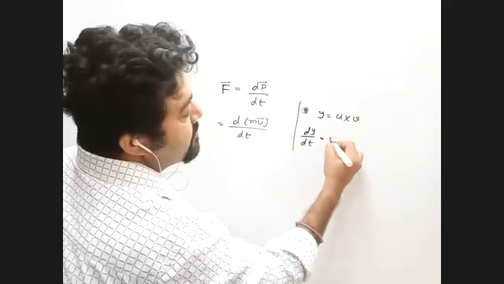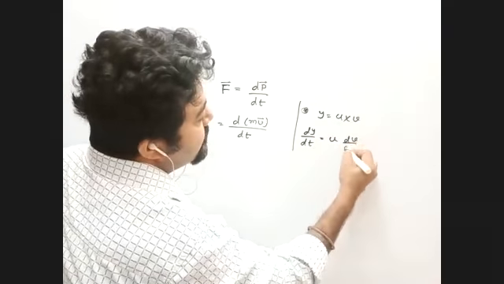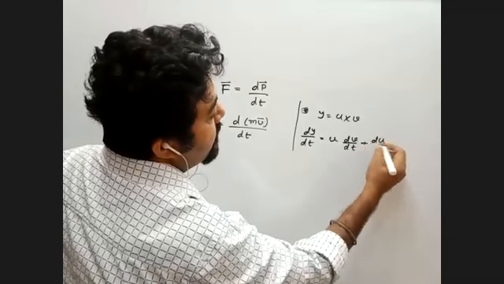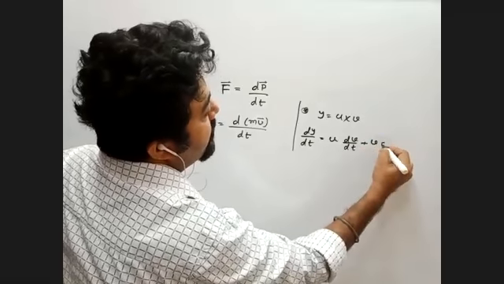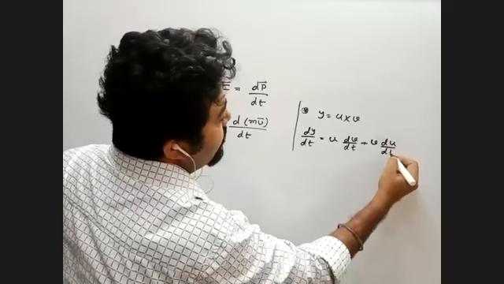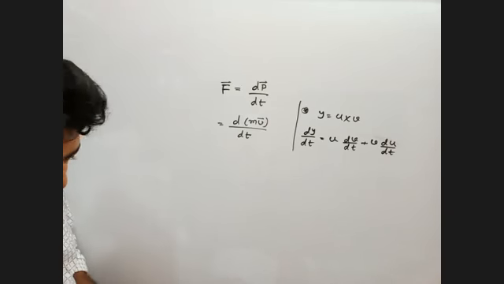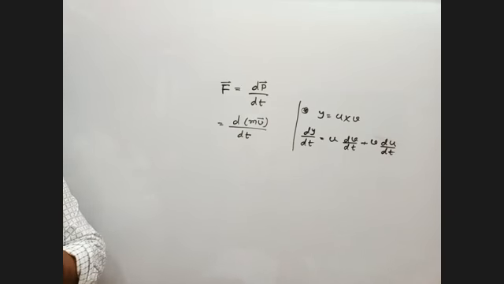The rule is that keeping u constant differentiate v, keeping v constant you can differentiate u, is it okay? देखो u को कांस्टेंट करके v को डिफरेंशिएट किया, v को कांस्टेंट करके u को डिफरेंशिएट किया और दोनों के बीच में एक प्लस साइन दिया है. इज इट ओके फॉर एवरीवन? Yes, sir.